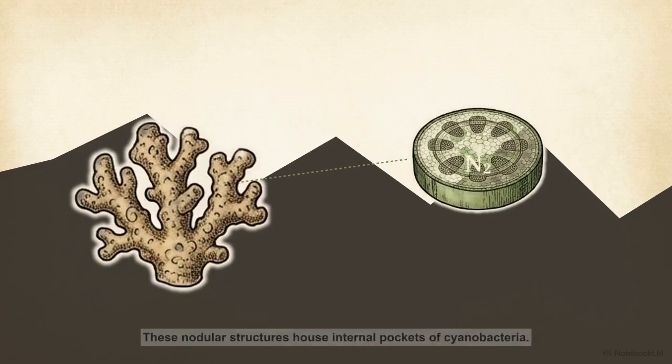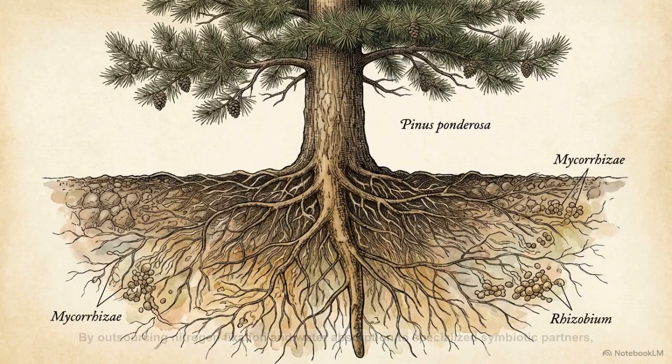These nodular structures house internal pockets of cyanobacteria. Cyanobacteria are photosynthetic bacteria capable of fixing atmospheric nitrogen into a chemical form the plant can consume. By outsourcing nitrogen fixation and water absorption to specialized symbiotic partners, gymnosperms successfully establish themselves in nutrient-poor terrestrial soils.